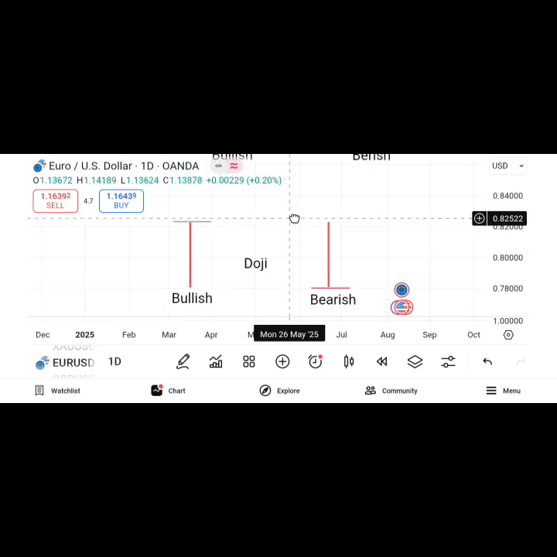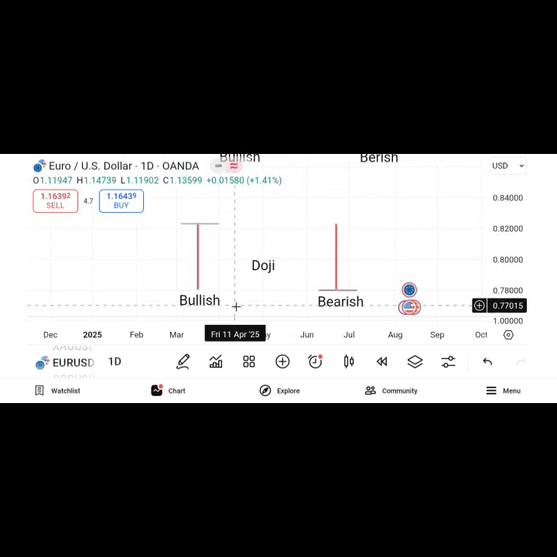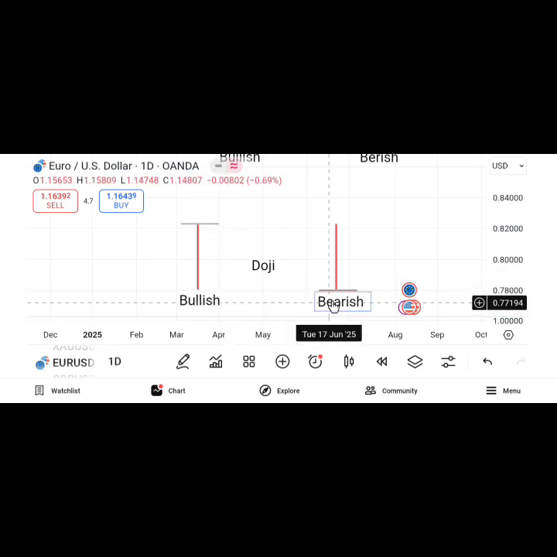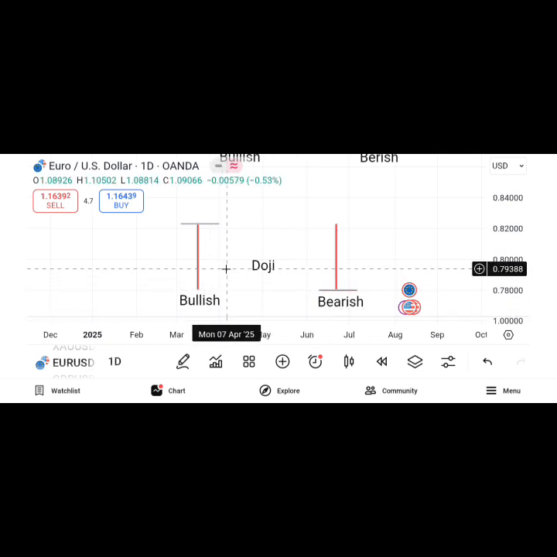Then we have the doji candlestick. This is the bullish doji and the bearish doji. The doji is a good reversal pattern or continuation candlestick, depending on the context, on where you see it.